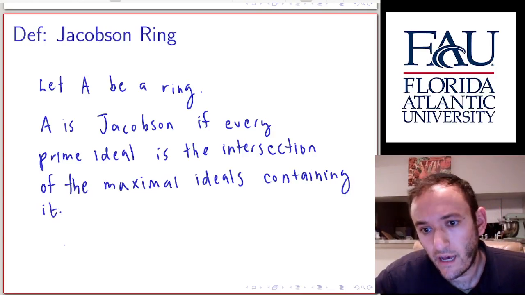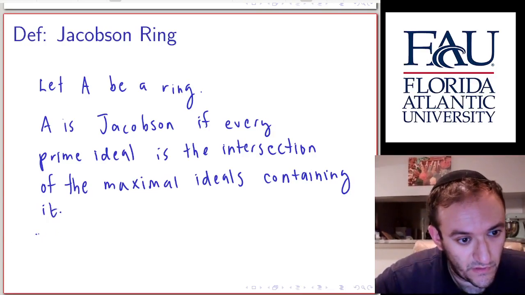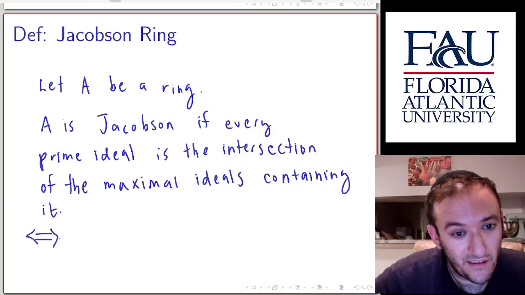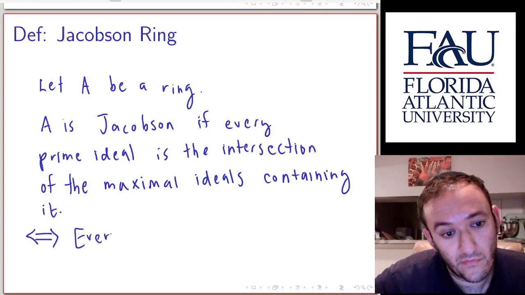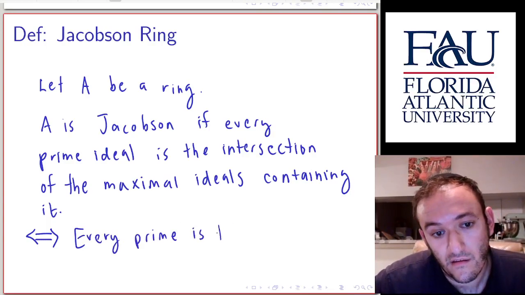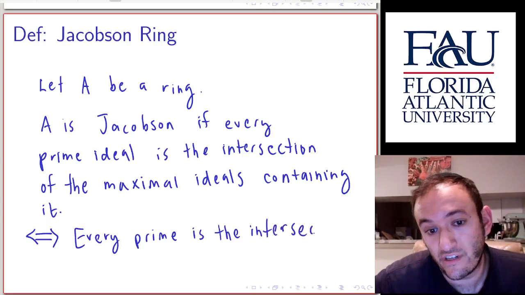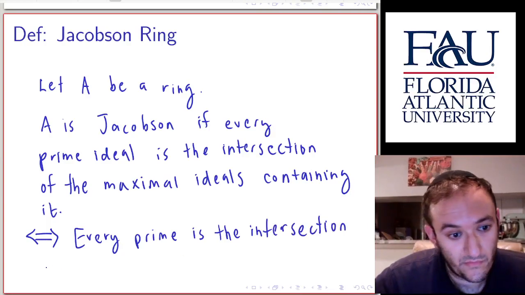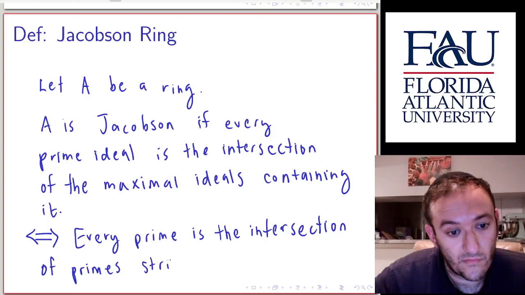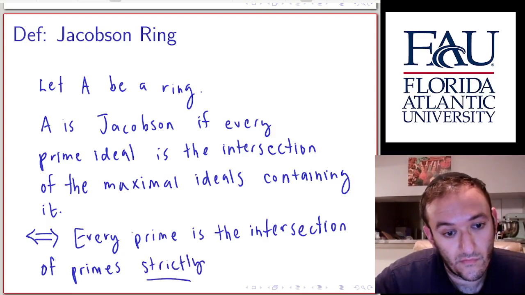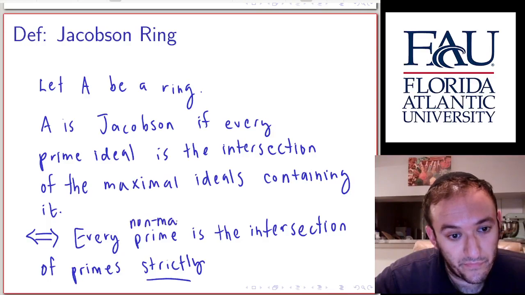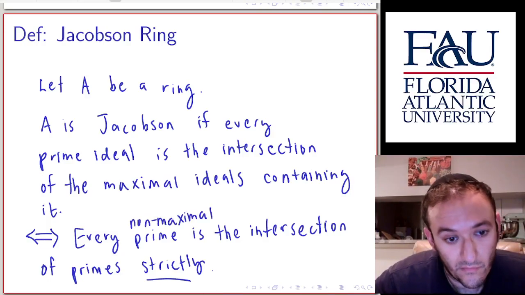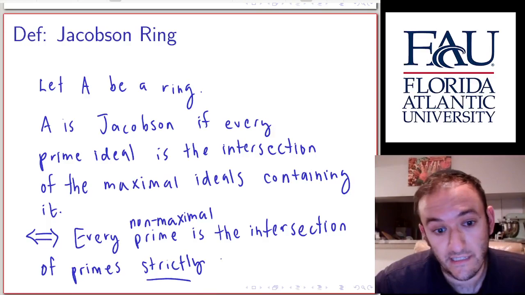An equivalent characterization would be that every non-maximal prime is the intersection of primes strictly containing it.